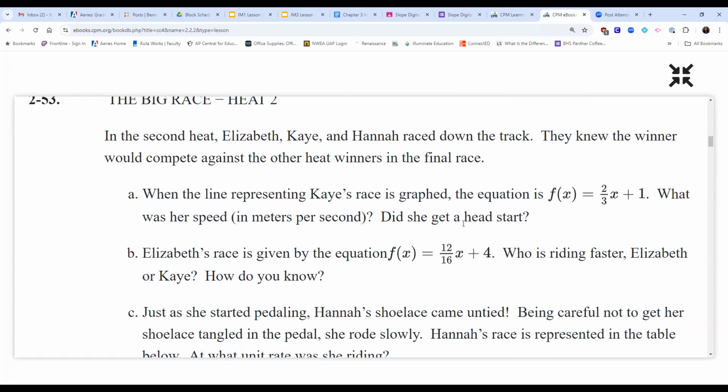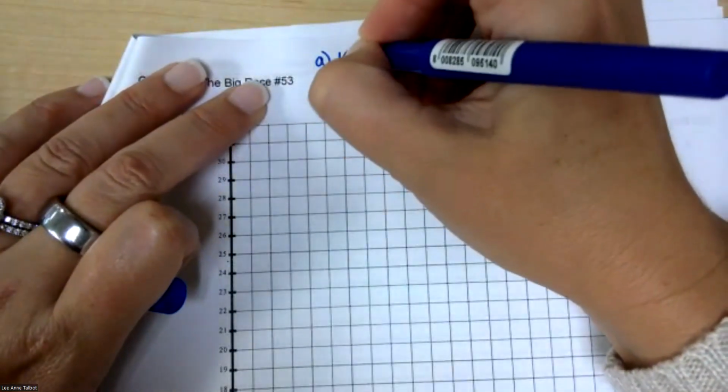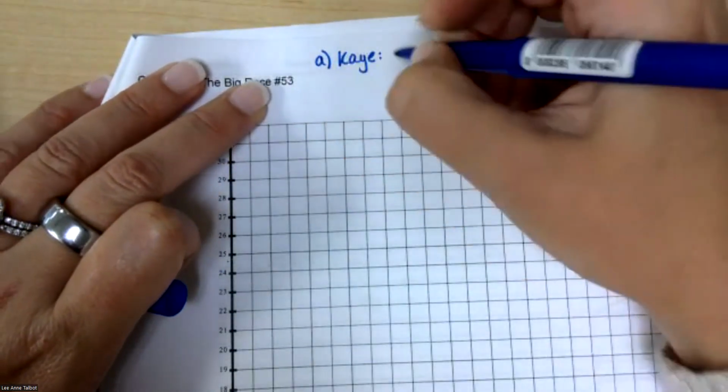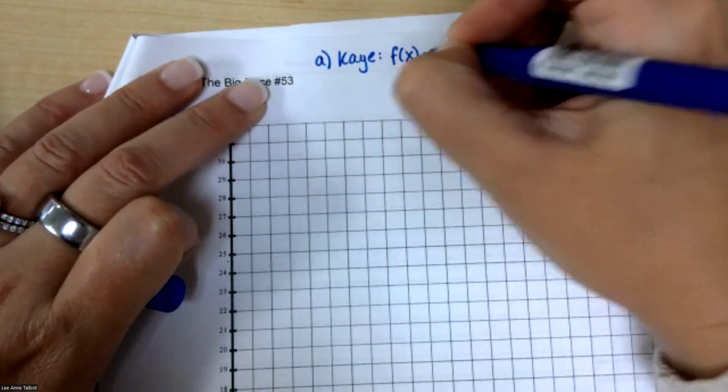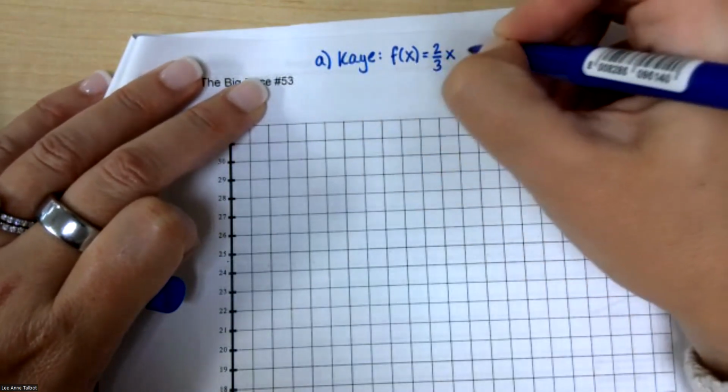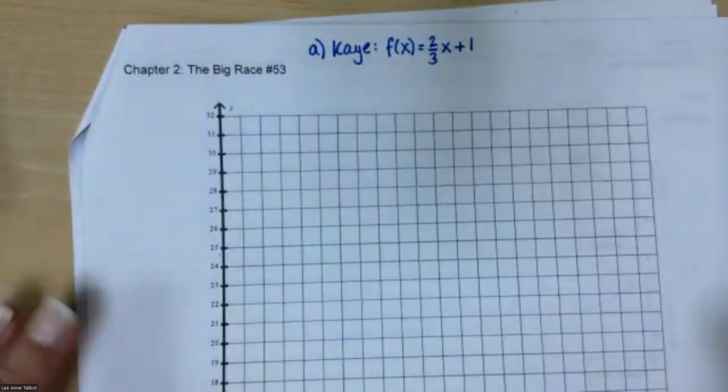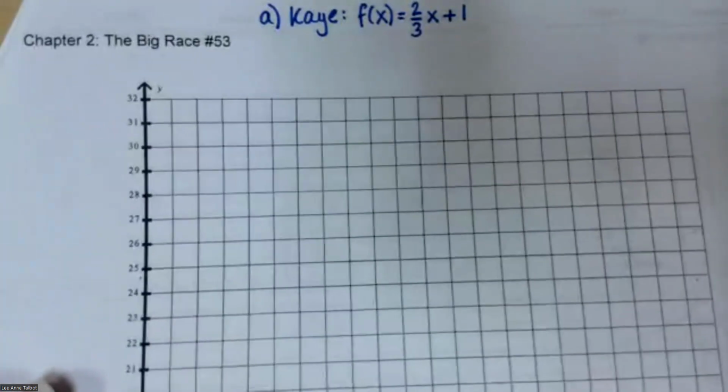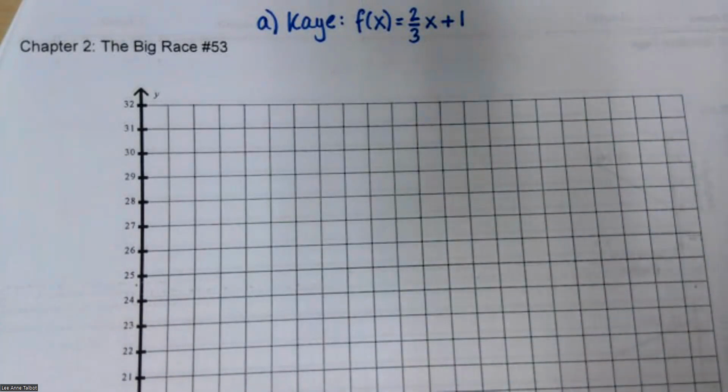Okay, so we're just going to put K somewhere, 2/3 x plus 1. Are we going to get upset about the fact that it says f of x instead of y? No. f of x and y are the same thing, completely interchangeable. Doesn't matter which one you use.